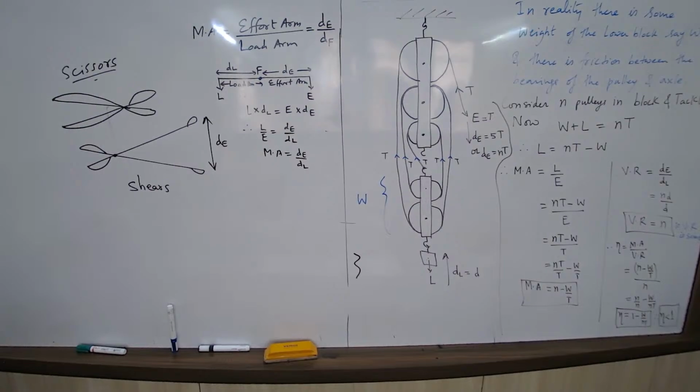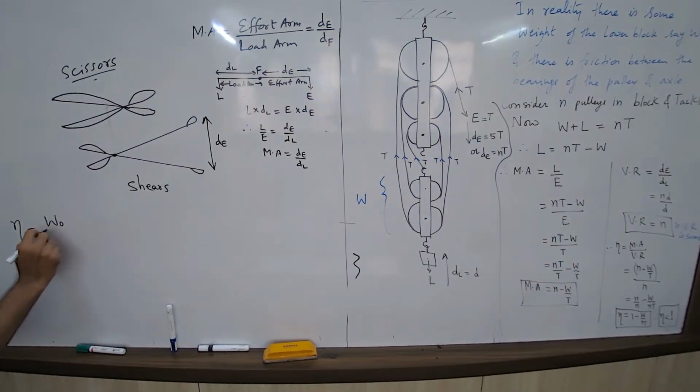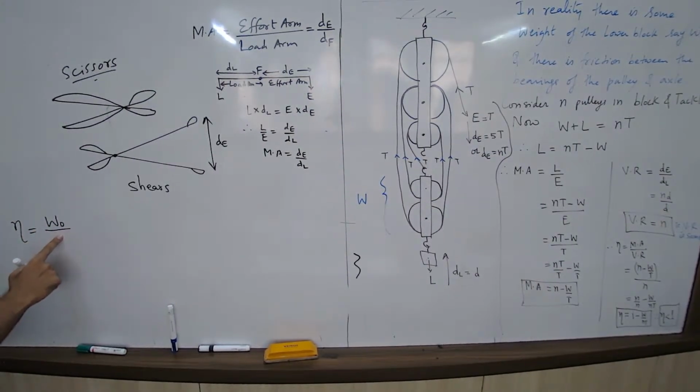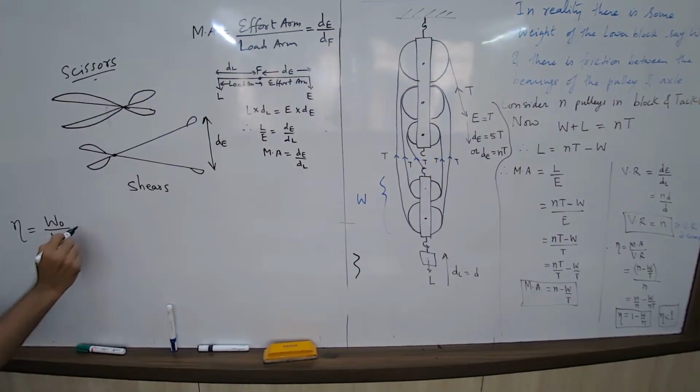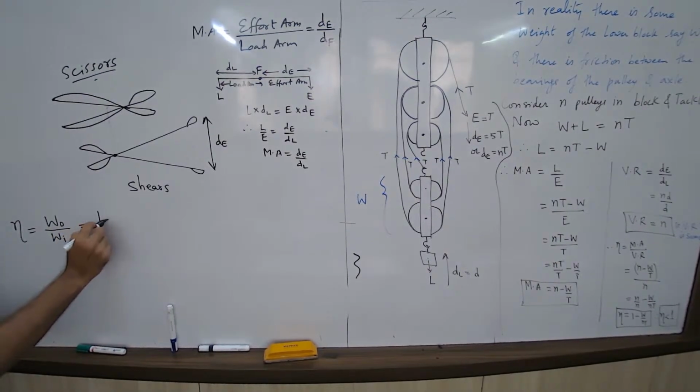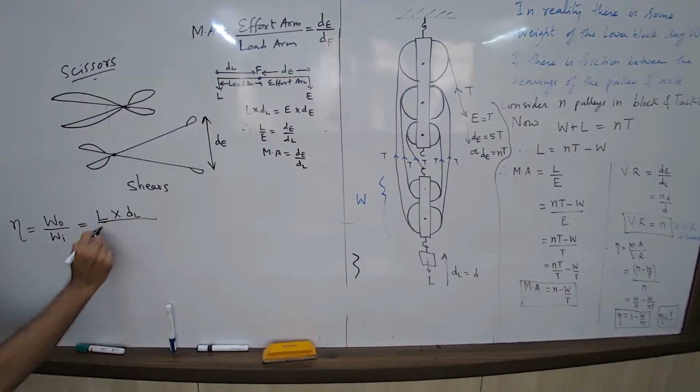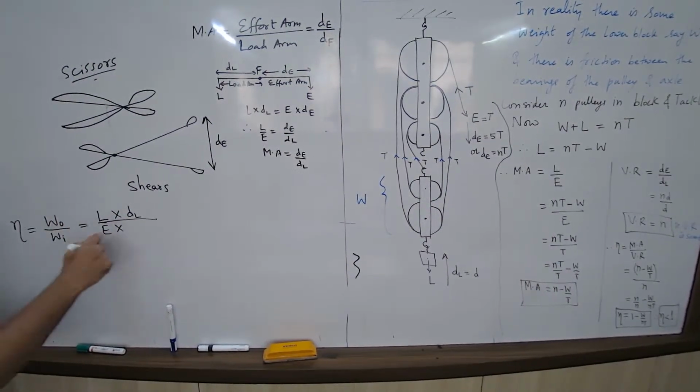Everybody got it? So for the derivation, what is the starting point? Listen. Efficiency is work output by the machine to work input on the machine. The work output is the load which is moved by displacement DL. Input is effort which we are applying on the machine.